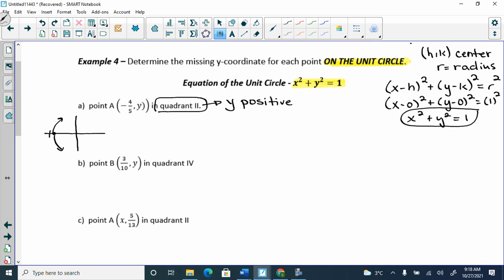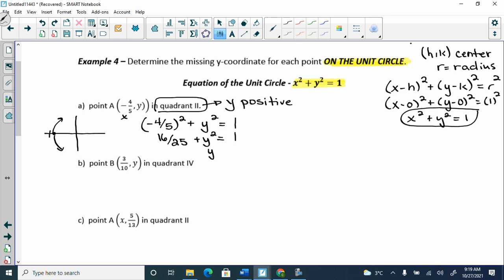Let's plug it in and see. So this is my x, my y is y. So I always plug it into the unit circle equation. So we're going to get negative 4 fifths squared plus y squared equals 1. That's negative 4 fifths squared, 16 over 25, plus y squared equals 1.